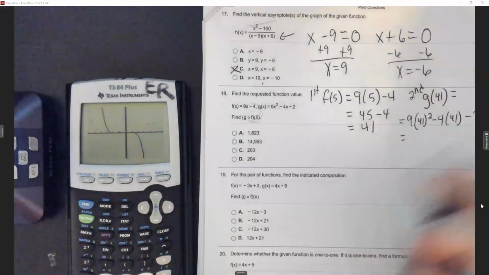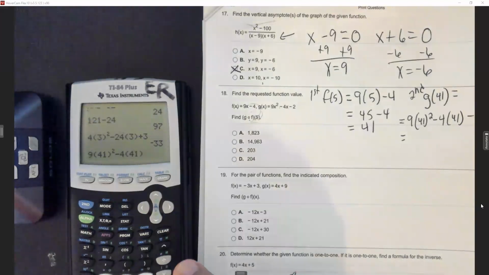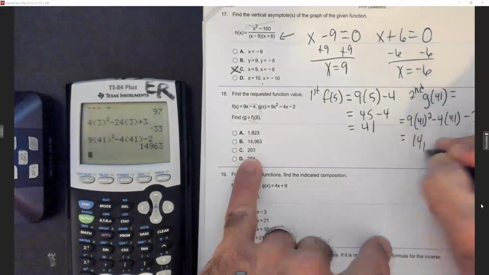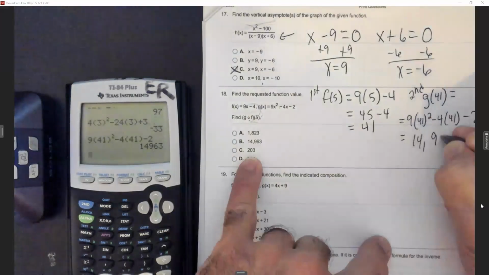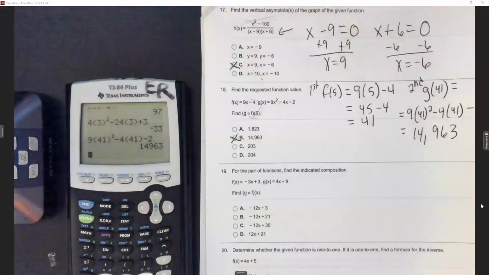So watch this: 9 times parentheses 41 squared minus 4 times parentheses 41 minus 2. Hopefully we get one of them answers, and there it is: 14,963, which would be B. Boy, them exponents make these numbers get big quick, okay?